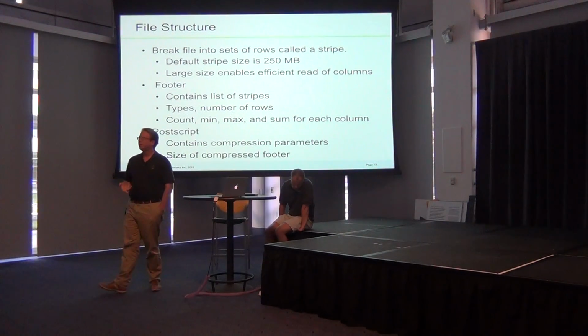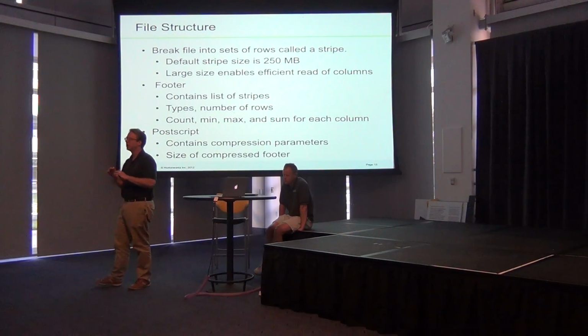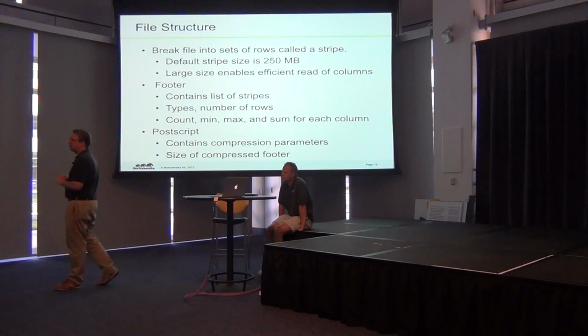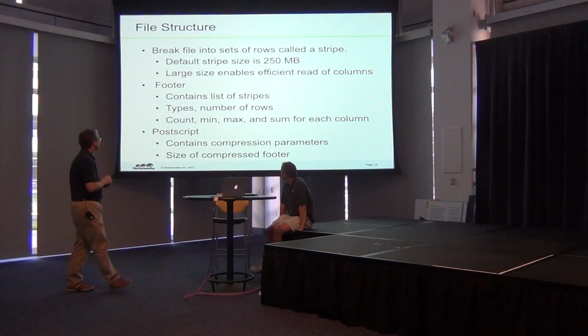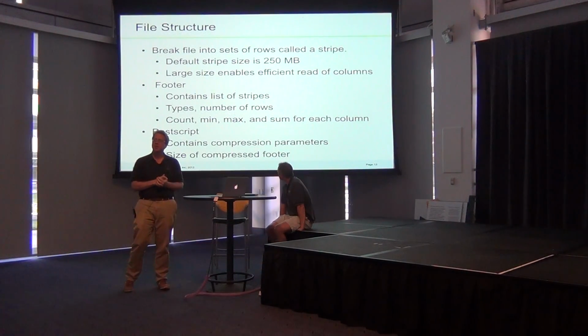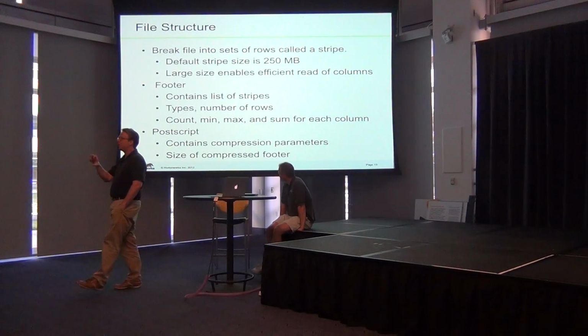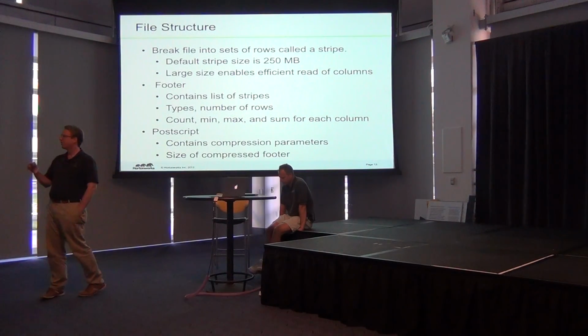So to get there, we divide the file into logical regions called stripes. Stripes contain a whole set of groups. They default to 256 MB. And that large size is because you may just be reading some of the columns out of the file.